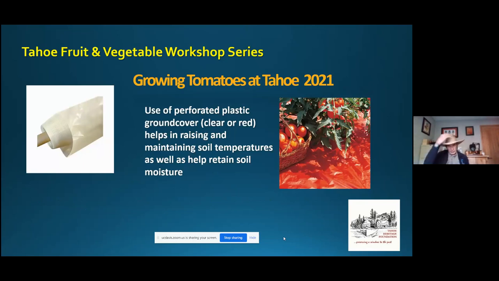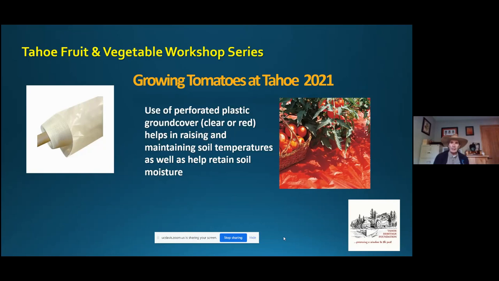So you need actually less water for your plants. What happens is that this acts like a surface greenhouse. The sunlight goes through the plastic, and then the plastic re-radiates that down to the soil. So it'll raise your soil temperatures several degrees.